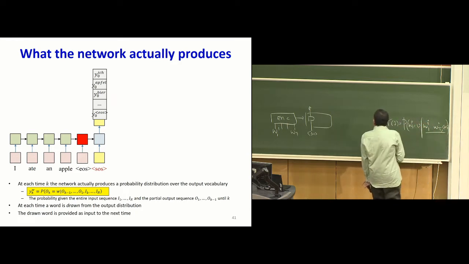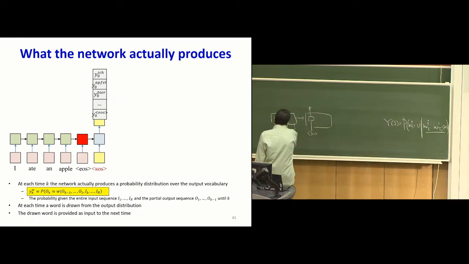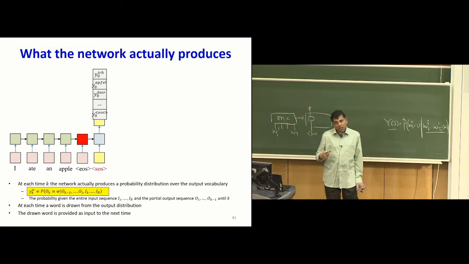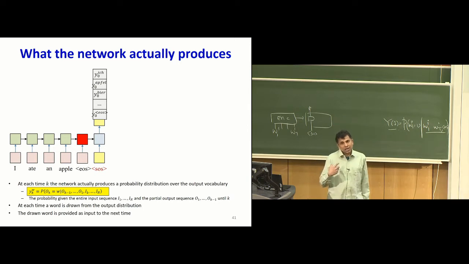Observe that these are all the things that have already gone into the network. This is the output produced, this is what the network produces at the first time instant.